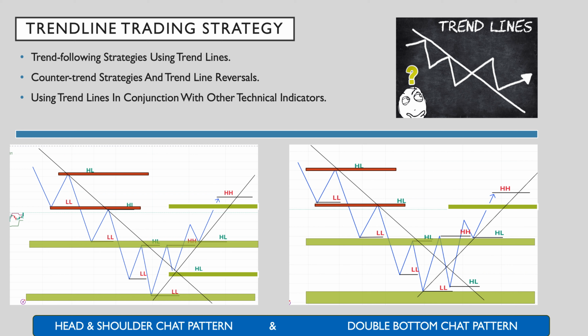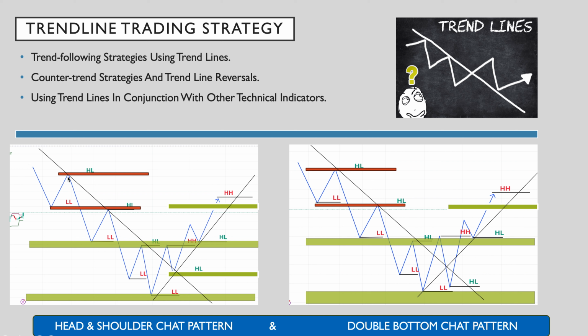Now, trend trading strategies. How can you follow a trend line? Now, counter trend trading is finding a buy signal in a downtrend and looking for a sell signal in an uptrend. These are more typical of advanced traders.